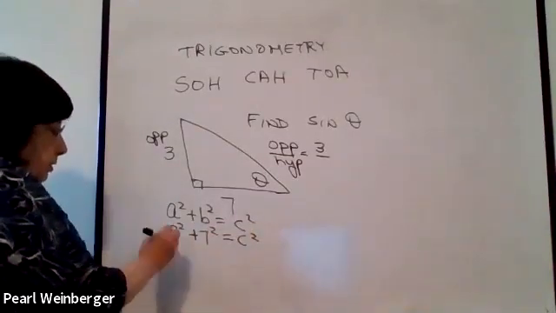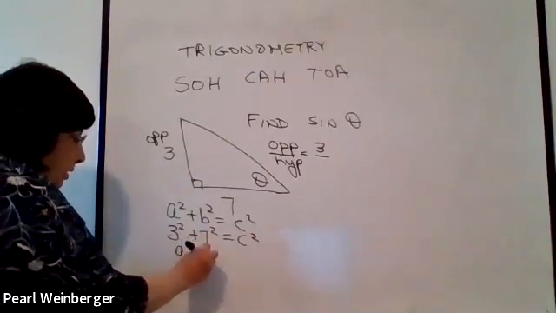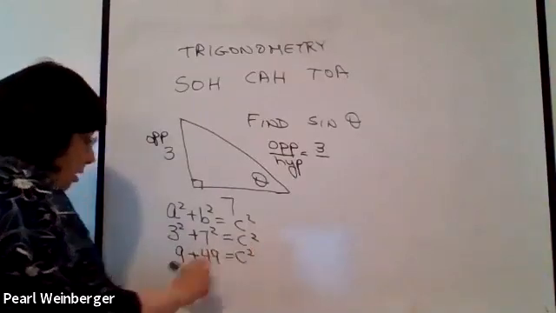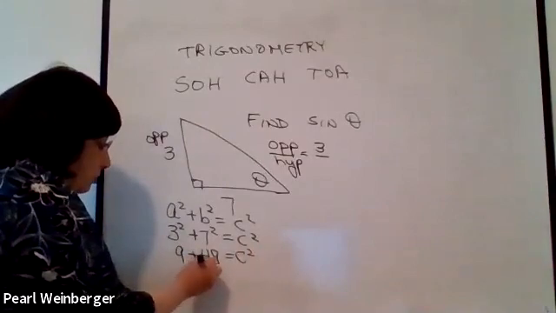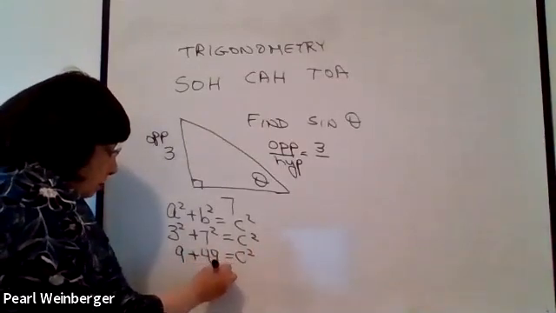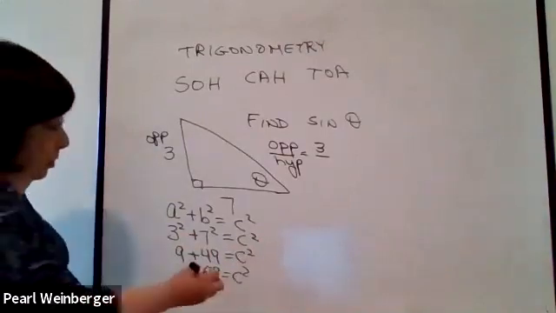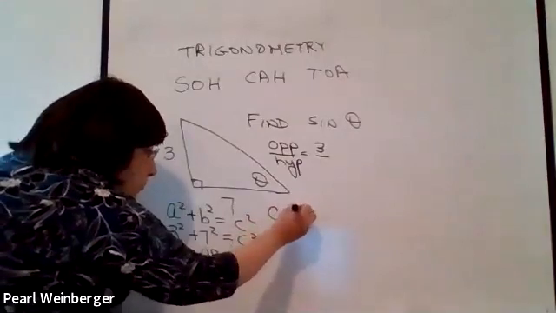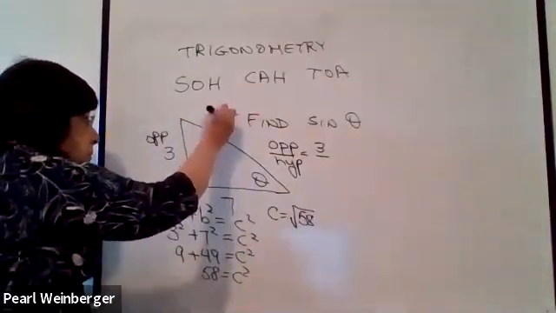So 3 squared is 9, and 7 squared is 49. That equals c squared. So when I add the 9 and the 49, I get 58. So that gives me c squared as 58, which means that the c has to be the square root of 58. Again, we only use positive numbers.